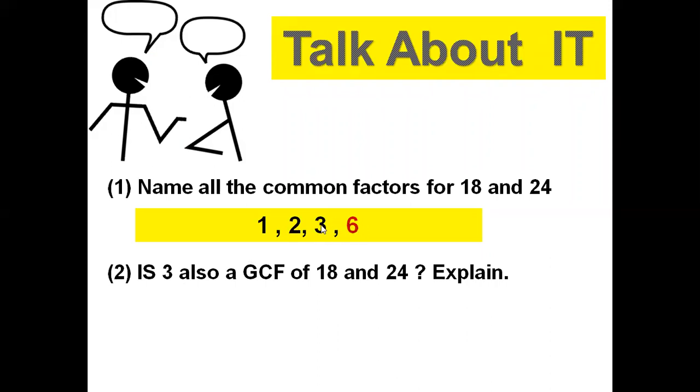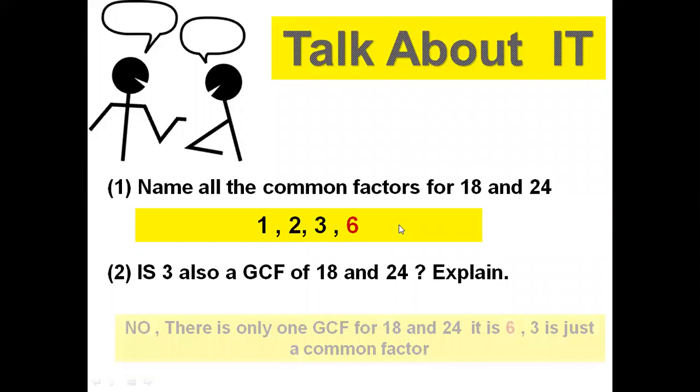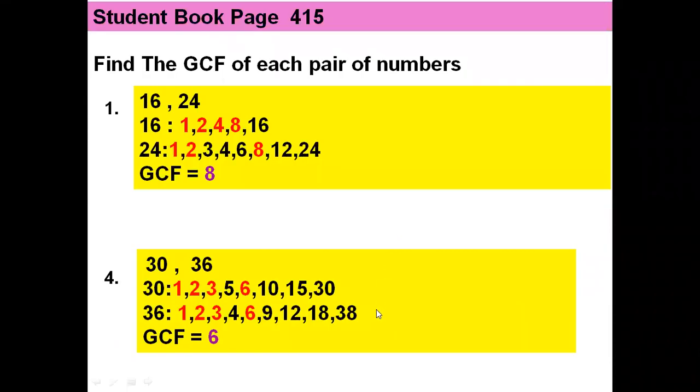Can we say that 3 is also a greatest common factor? No, we have only one greatest common factor, which is 6. Yes, that's correct. So remember, we only have one greatest common factor. Thank you, Hashim. Let's discuss these questions.